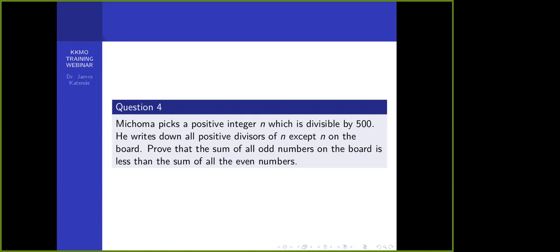So 500 is basically a trick to make you think about 500, but that's not the number you should be thinking about.